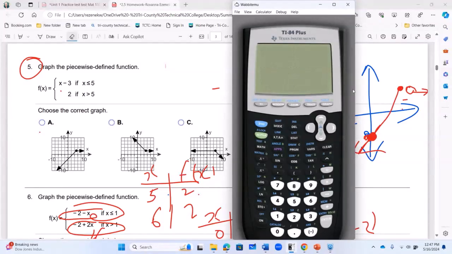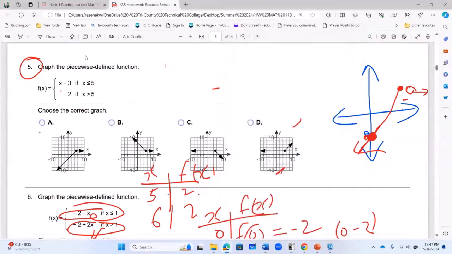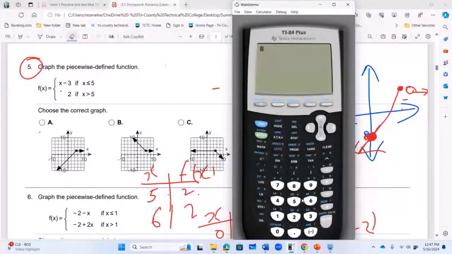So now you can graph a piecewise defined function by hand and with your calculator. If you put all the conditions correctly, your calculator will give you a sketch that is almost the same, but you are the human being behind the calculator.